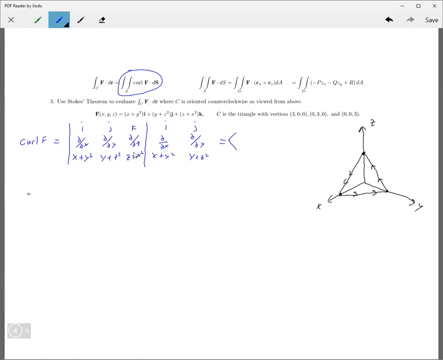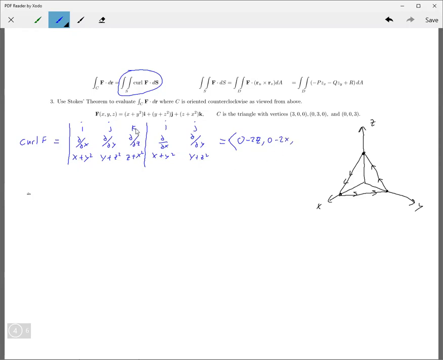So the partial of this with respect to y, that's going to be 0. And then subtract the partial of this with respect to z. So here's the i, so you're looking at 2z minus 2z. Then the next one would be the j's. The partial of this with respect to z, that's 0, minus the partial of this with respect to x, which is 2x.